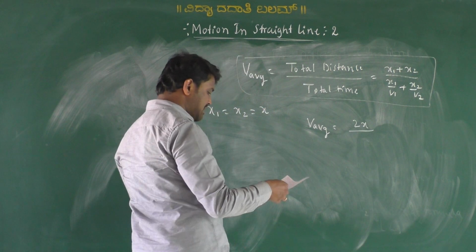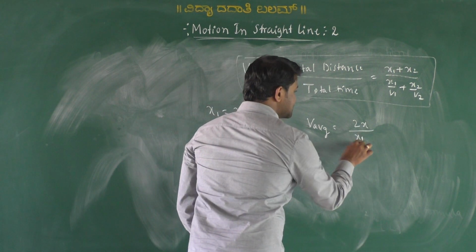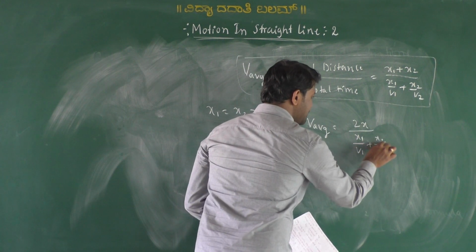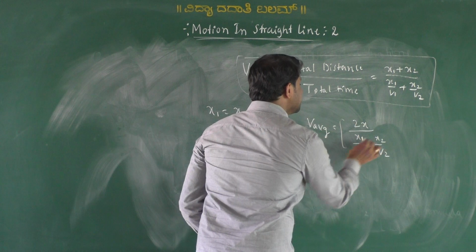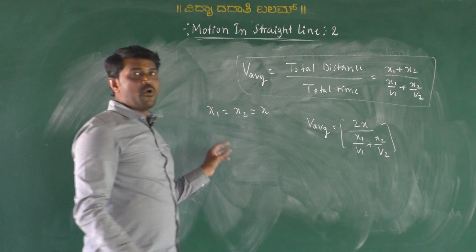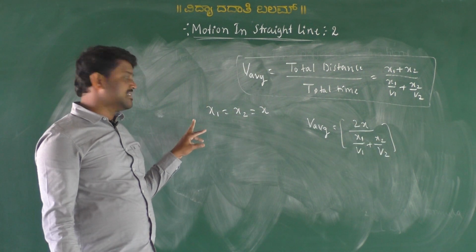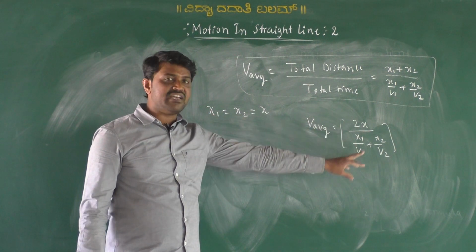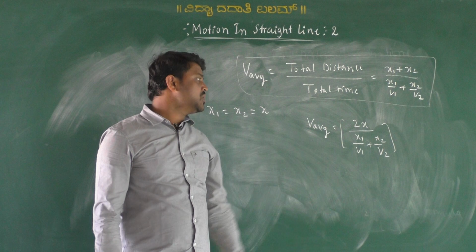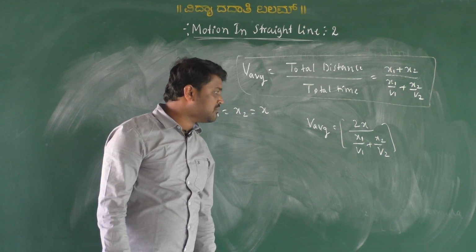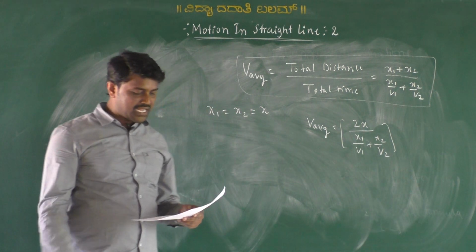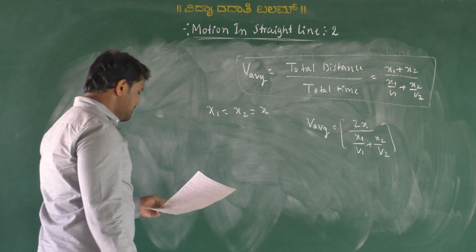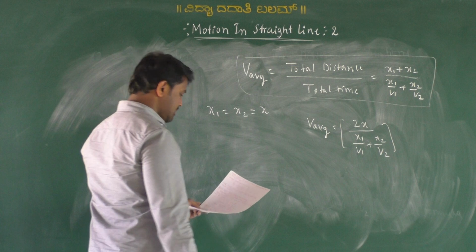Then equation becomes again x1 by v1 plus x2 by v2. ಇದರ ಅರ್ಥ ಏನಂದ್ರೆ if two bodies cover equal distances, x1 equal to x2 ಆದಾಗ the equation of average becomes v average equals 2x upon x1 by v1 plus x2 by v2 ಆಗುತ್ತೆ. Therefore for the speed average equation becomes what?